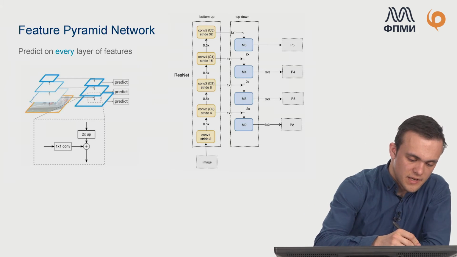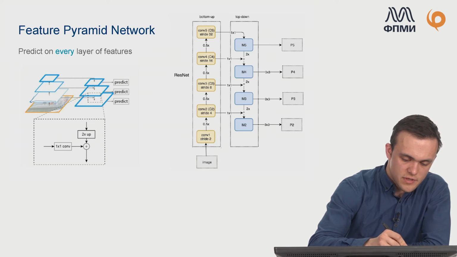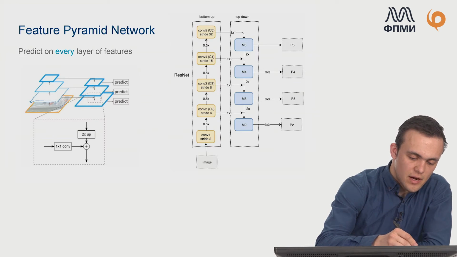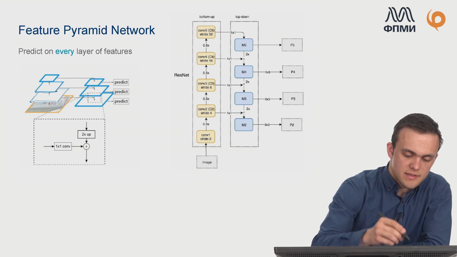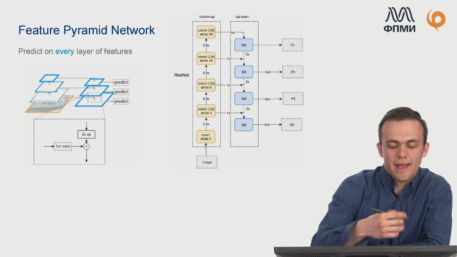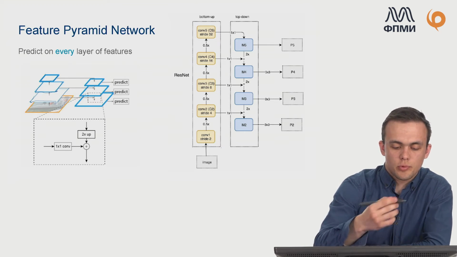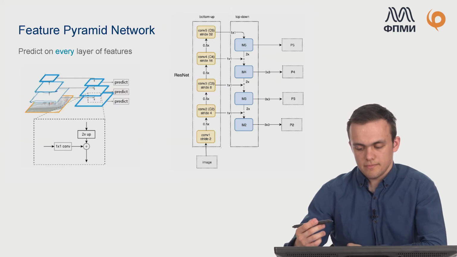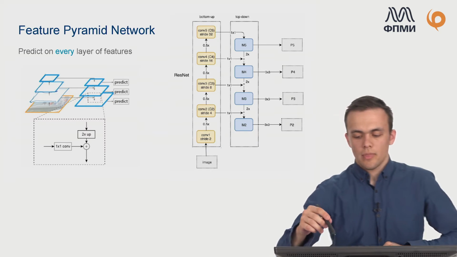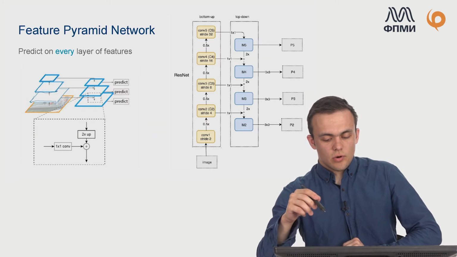So here this is the output of the first convolution, for example. This is the output of a subsequent pooling layer and a convolution, and this is the output of a subsequent pooling layer and a convolution.